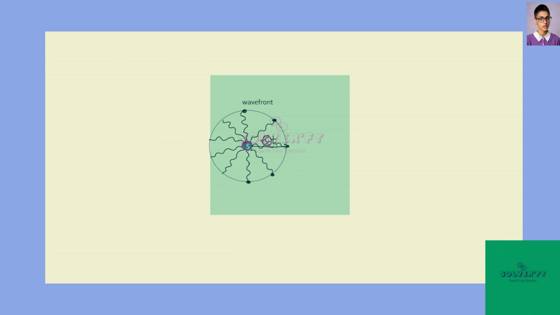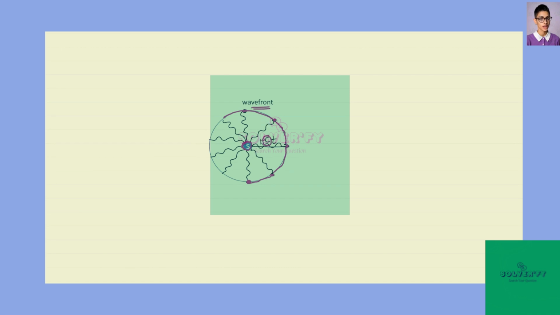Of course it is ct, as distance is velocity into time. All the points where the light reaches simultaneously are in phase. If I connect all those points, then this surface that is formed is known as a wavefront.